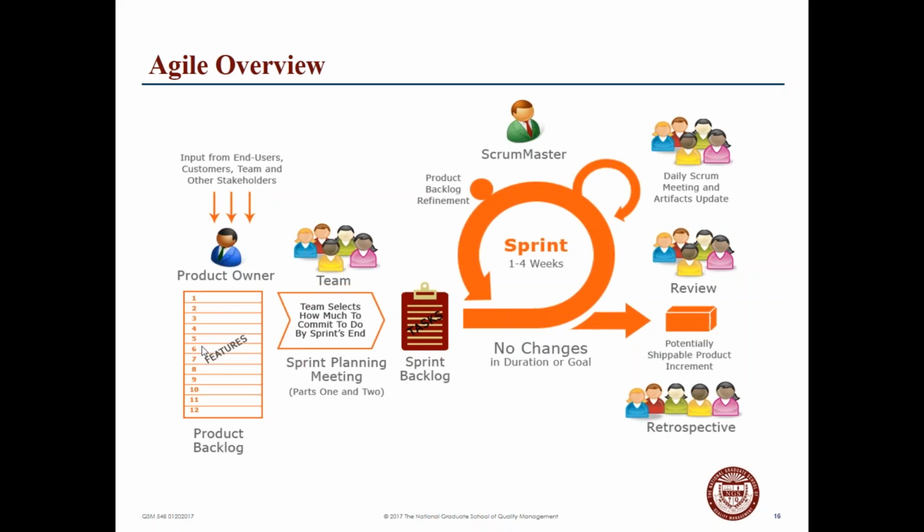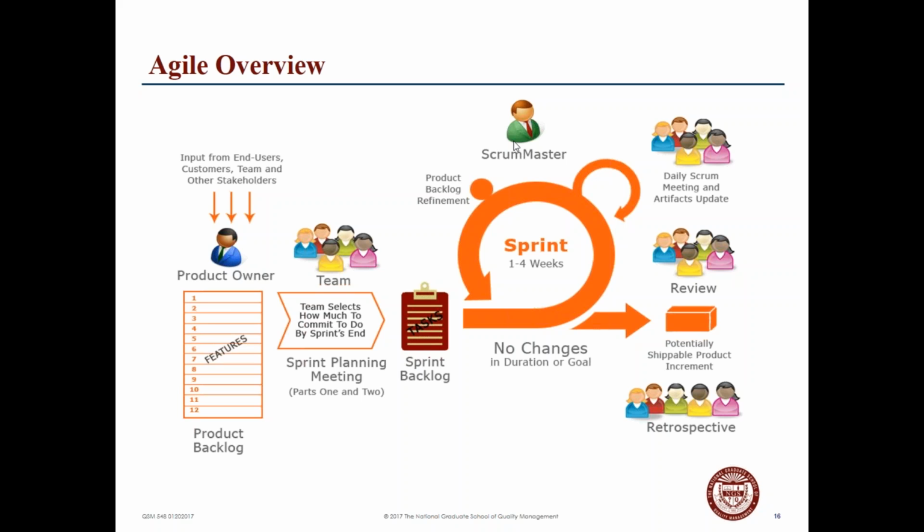So for example, what may be a product backlog, for example, here. We're going to do this is what we call a sprint. And the team selects of what is here, how much can they commit to within the time frame of the sprint. And the sprint planning meeting is a two-part meeting. We look at the tasks and the features.